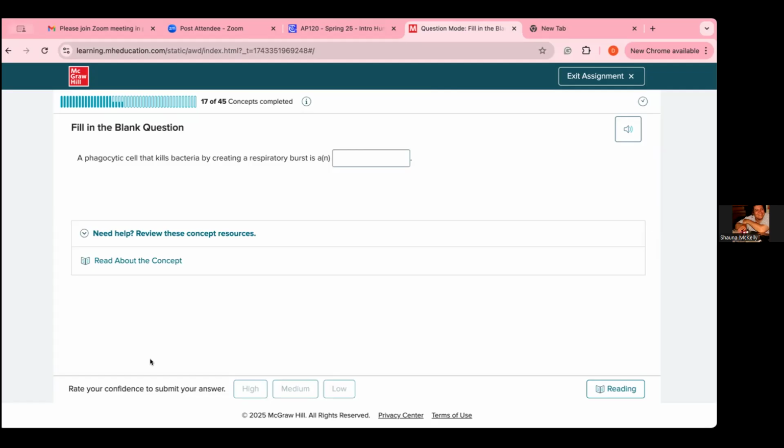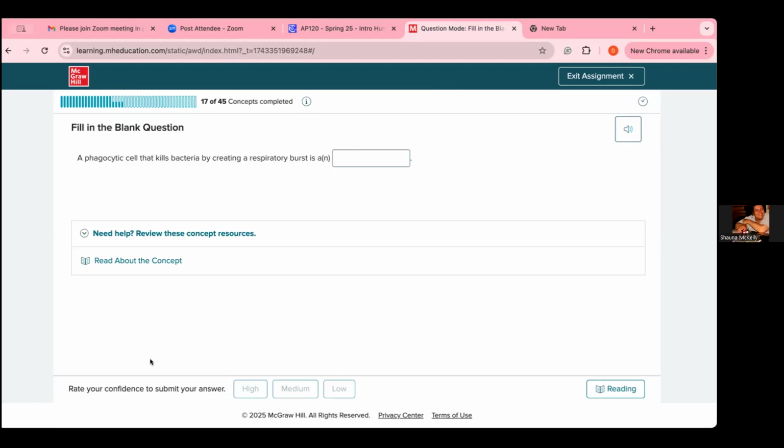Neutrophil. Neutrophils are a type of granulocyte and phagocytic white blood cell. They kill bacteria and other pathogens through a process called respiratory burst. In this process, neutrophils produce reactive oxygen species to destroy the engulfed pathogens.